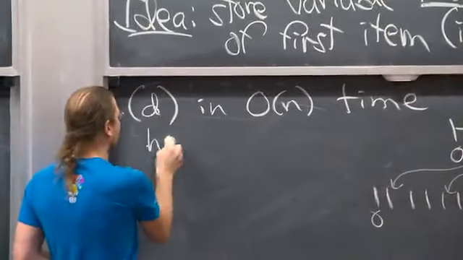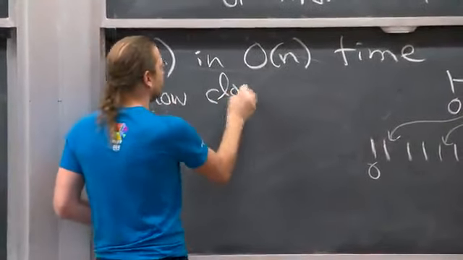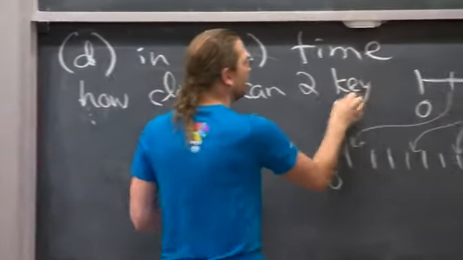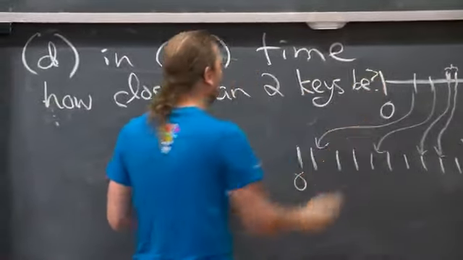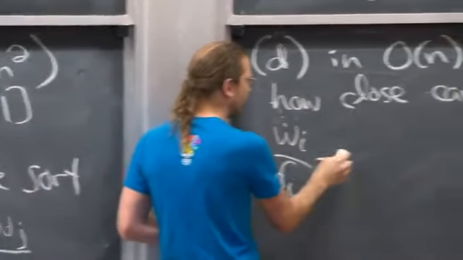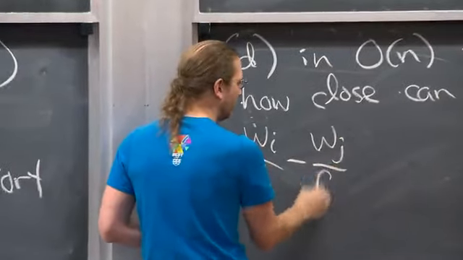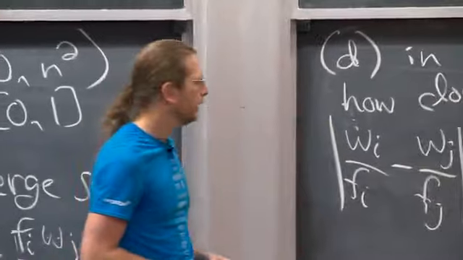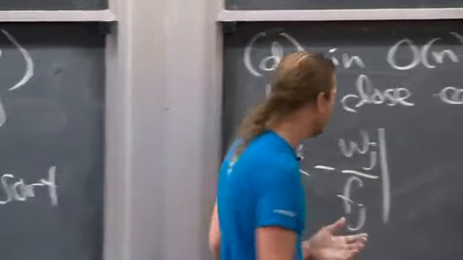So how close can two keys be? So I want to consider wi over fi minus wj over fj in absolute value. Okay, now I do algebra.